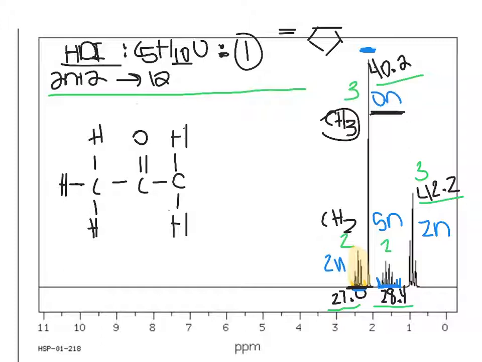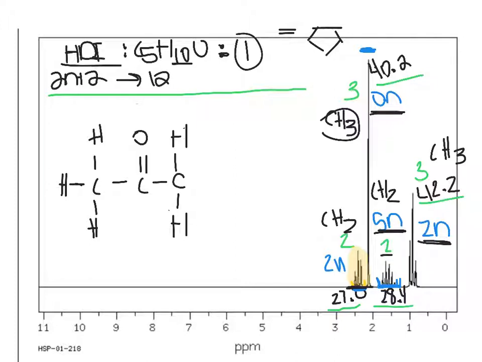So let's move on to our next signal, and we have 2 protons, which is another CH2 group, and it looks like it's going to have 5 neighboring protons. But let's move ahead to our next signal, which has 3 protons, which gives us a CH3 group, and it looks like we have 2 neighboring protons.